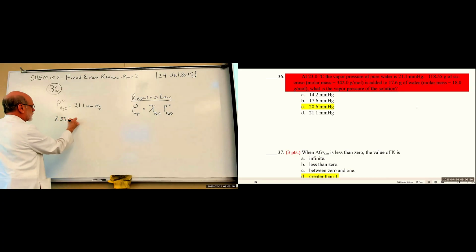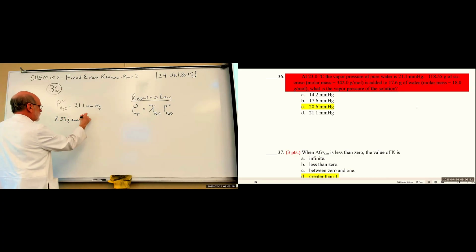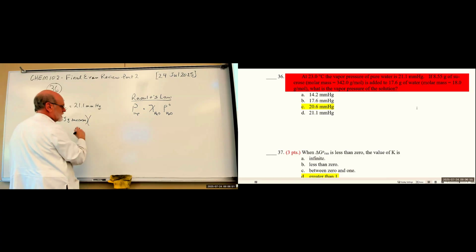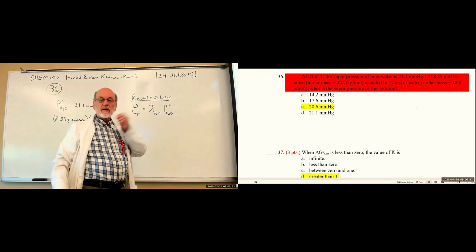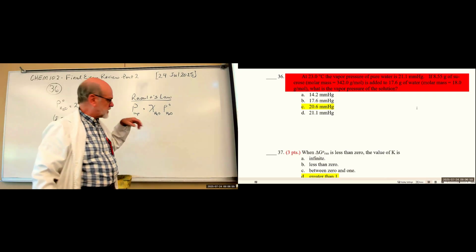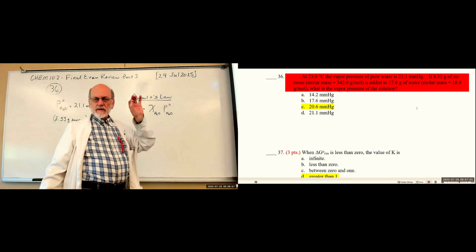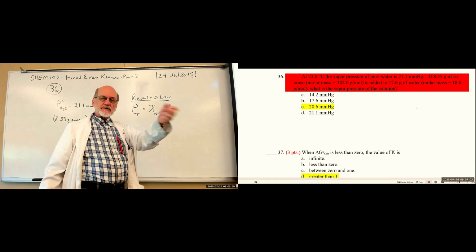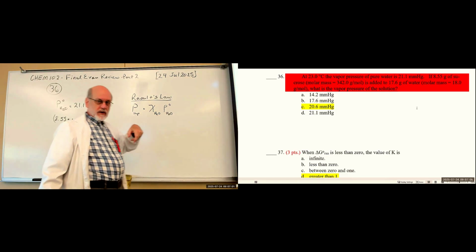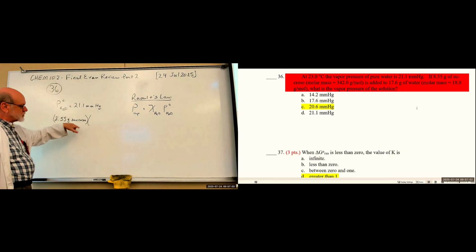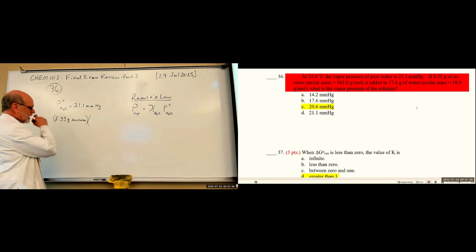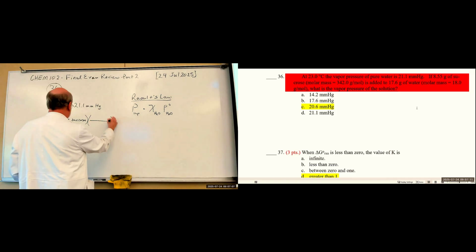We want to find out how many moles that is, because mole fraction for water is moles of water divided by the total moles. So we got to find out both moles of sucrose and moles of water. Grams on the bottom, moles on the top.